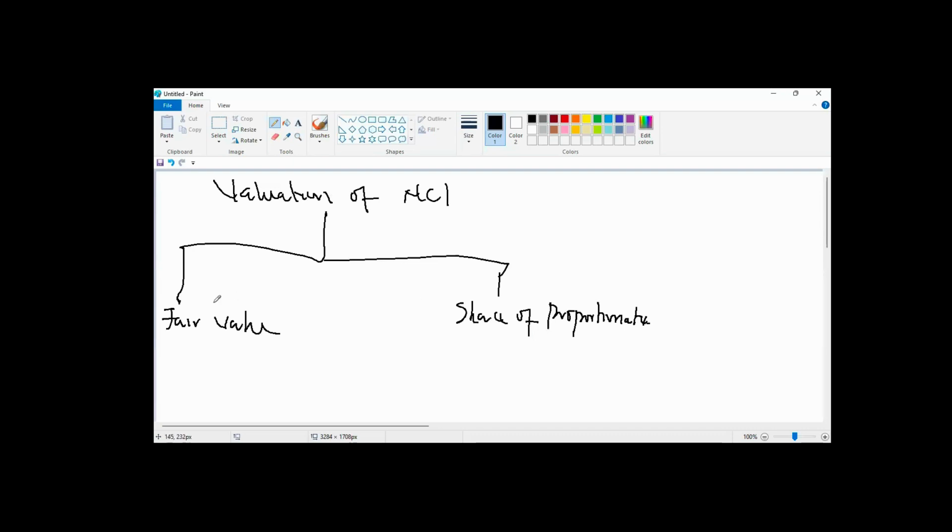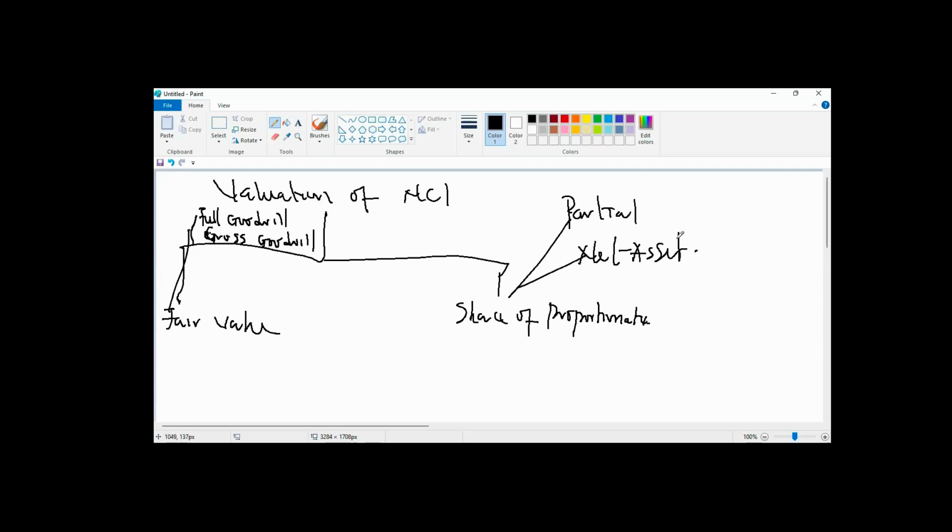Another name for fair value is the full goodwill method or gross goodwill method. Another name for share proportionate is the partial goodwill method or net assets method. These are the two names they call them.